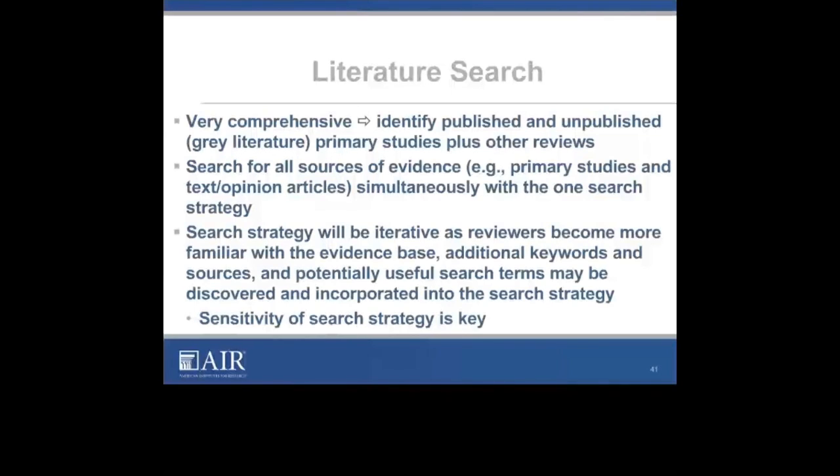Having a good search strategy is key, a search strategy that is sensitive to all these different types of resources. And over the course of that scoping review endeavor, the search strategy could be tweaked because the team might find, okay, we need to insert some further keywords to really capture everything that's out there.